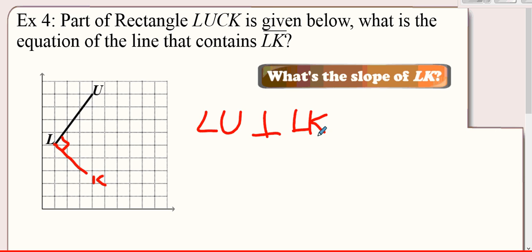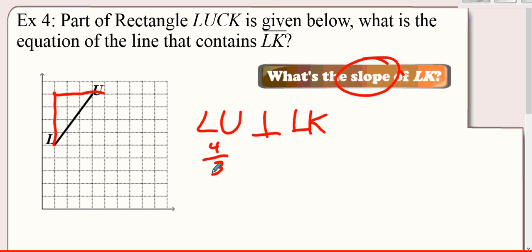Now, we're talking about slope, obviously, because it talks about slope right here. If you're going to write an equation, you have to know slopes. So we need to know the slope of LU so that we can figure out the slope of LK. So the slope of LU, that's easy. We can count. It comes up 1, 2, 3, 4, over 1, 2, 3. Up 4, over 3.